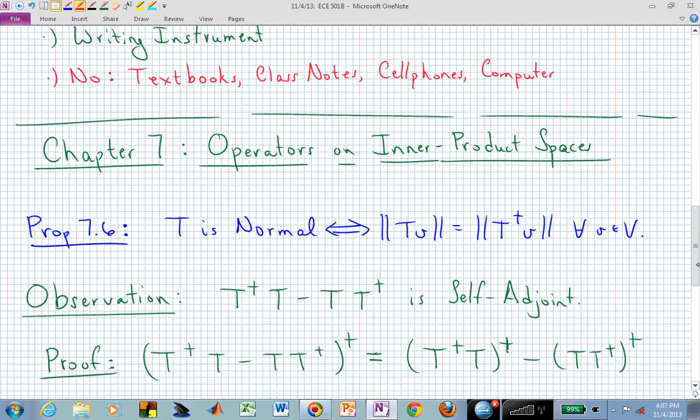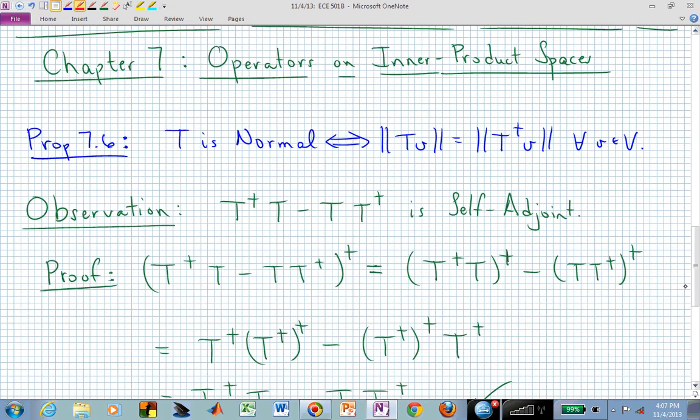All right. Now, that was chapter 5 and 6. We've now graduated into chapter 7. And proposition 7.6, just as a review, said that if we have a normal operator, then that's an if and only if relationship or statement with these norms.